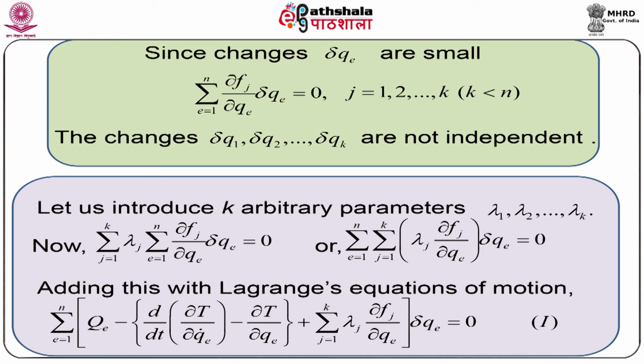If we add this with the Lagrange's equation of motion obtained previously, then we get this equation. We have already obtained this portion. Adding this one here, we get equation 1.